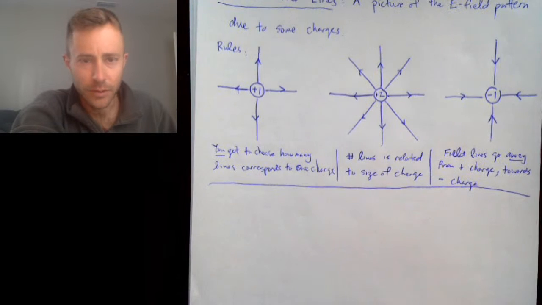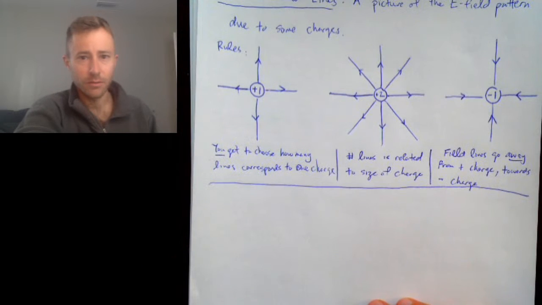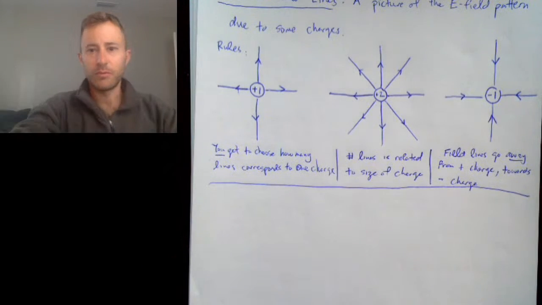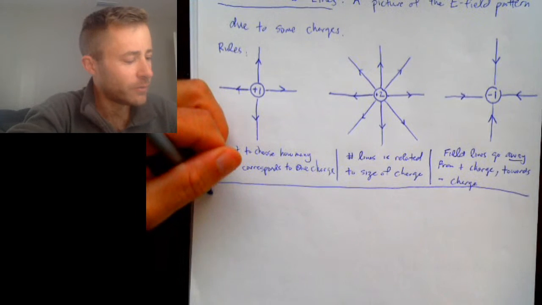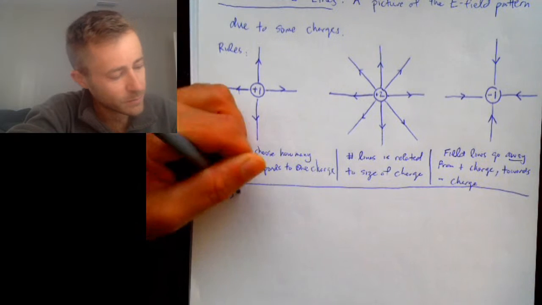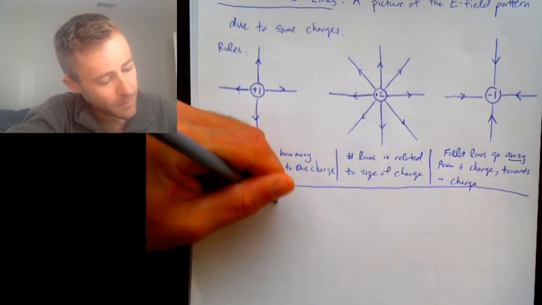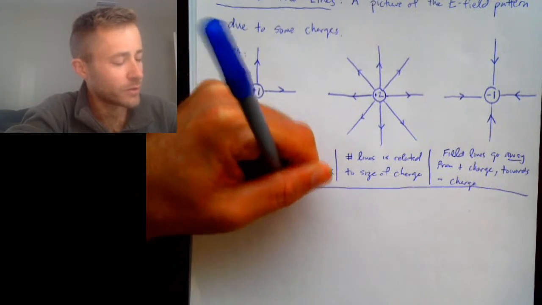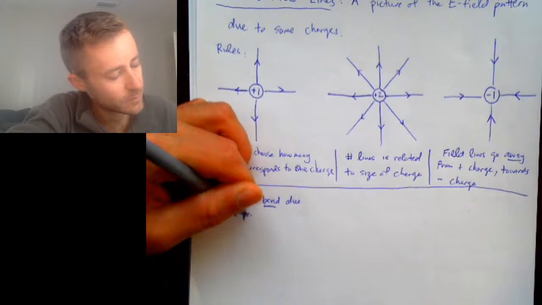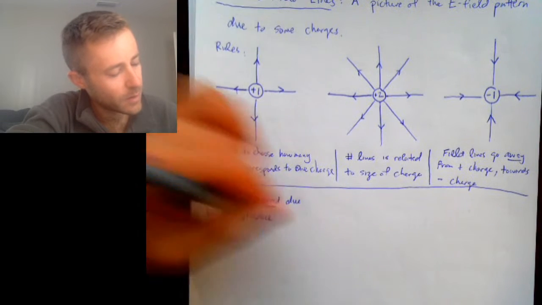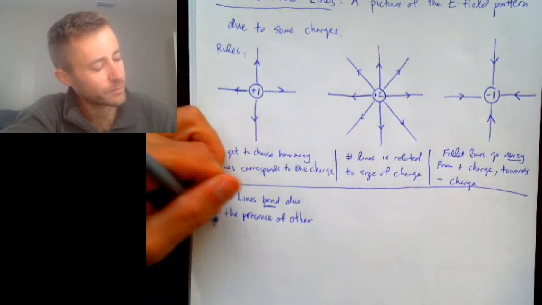Second part is this. So if you just have a single charge, the lines just go out to infinity. Okay? But basically, field lines bend due to the presence of other charges.